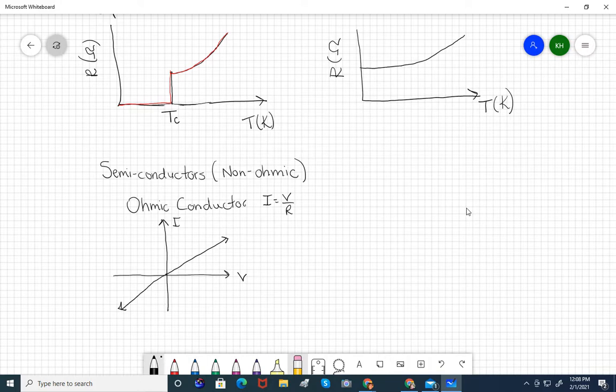With semiconductors, they will conduct current in one direction usually, but not in the other. They're used a lot in diodes, and they function a lot like switches. So these are non-ohmic, these semiconductors. Whoops, it's kind of a crooked line for my straight graph.